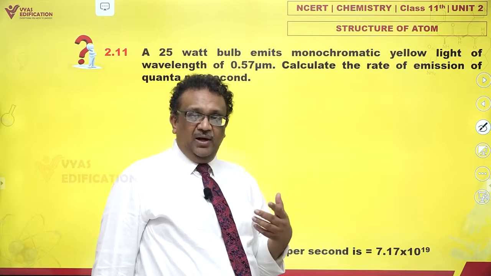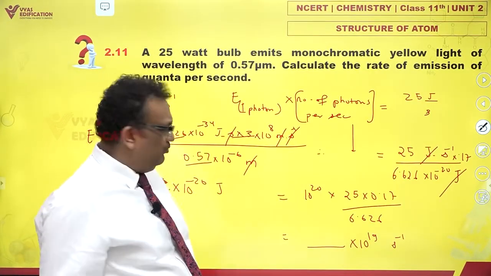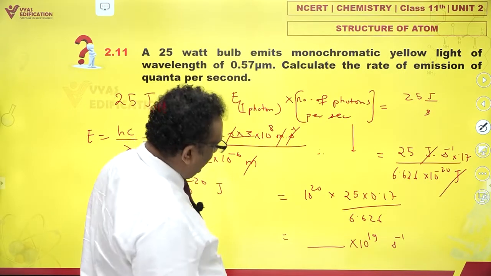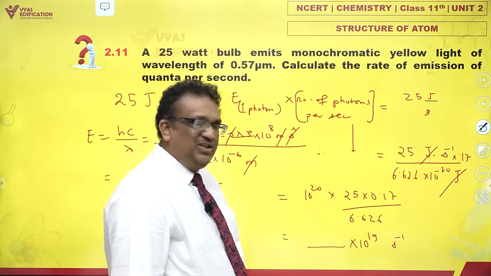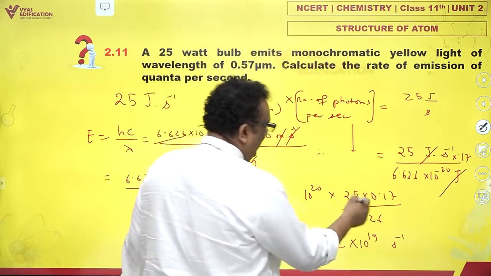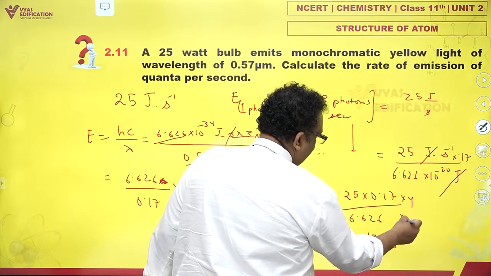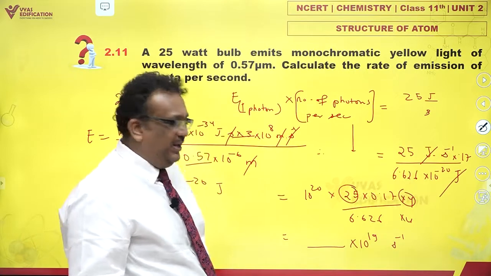But how can we calculate by hand? If you want, I can help you with rough calculations. If I just look at 25, 25 fours are 100. So let me multiply and divide by 4. 25 into 4 is 100, and 100 into 0.17 is just plain 17.